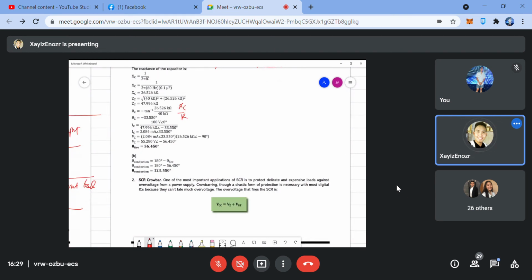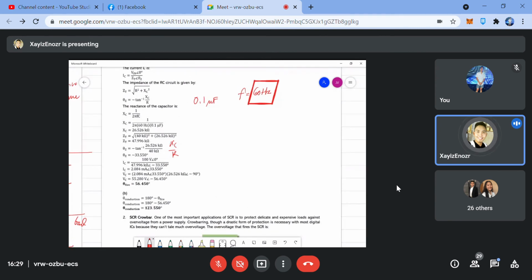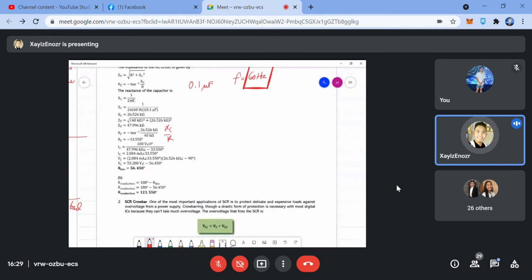Okay. Yung IC natin, using the formula, IC is equal to V angle 0 all over ZT angle theta Z. Natutunan naman siguro ninyo sa advanced math nung last sem lang, paano mag-divide ng mga polar form, okay?